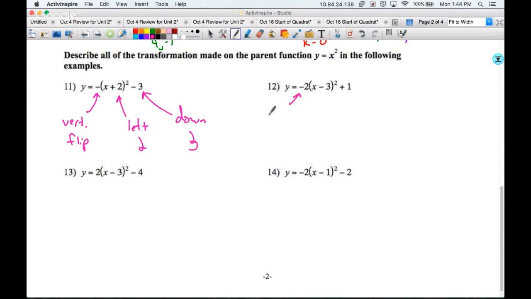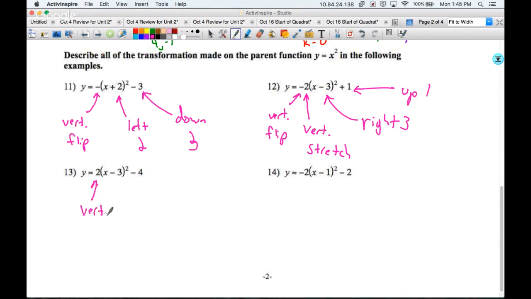Here, the negative causes a vertical flip. The 2 causes a vertical stretch. The -3 moves us right 3. And then the +1 moves us up 1.